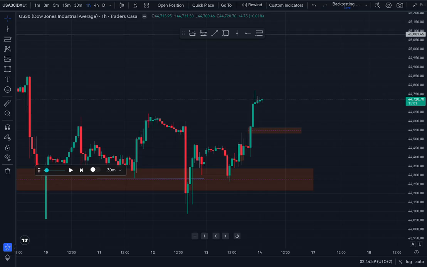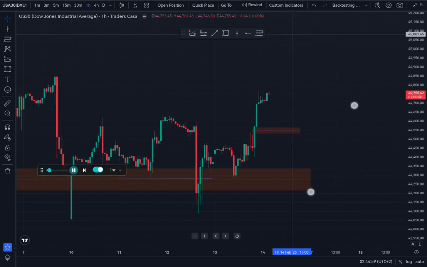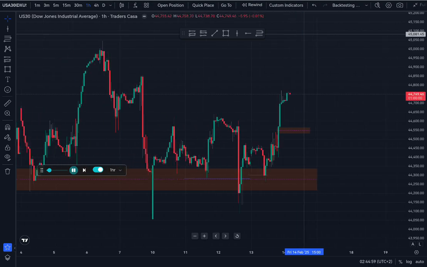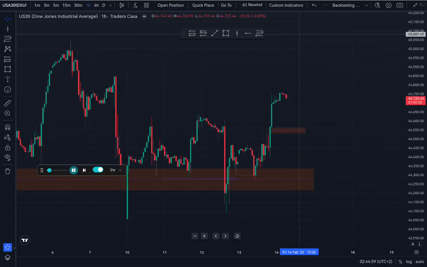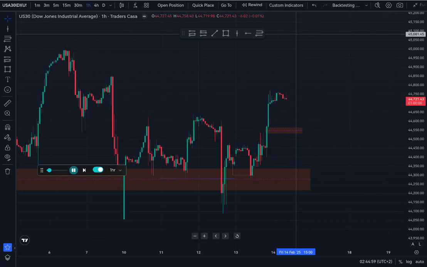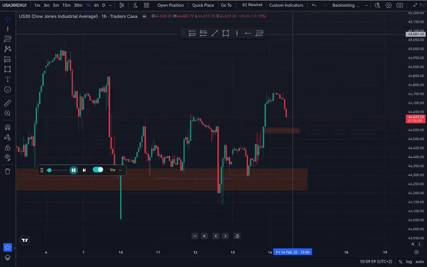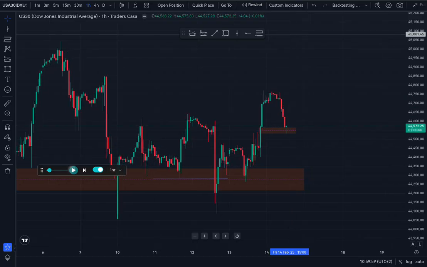I don't know if I wanna see price just jump all the way, or I should replay it properly. Let's replay it properly and let's see how price plays out during the course of the day. But I would love to see price push down to some of those areas down there so that we can shift structure to go bullish.